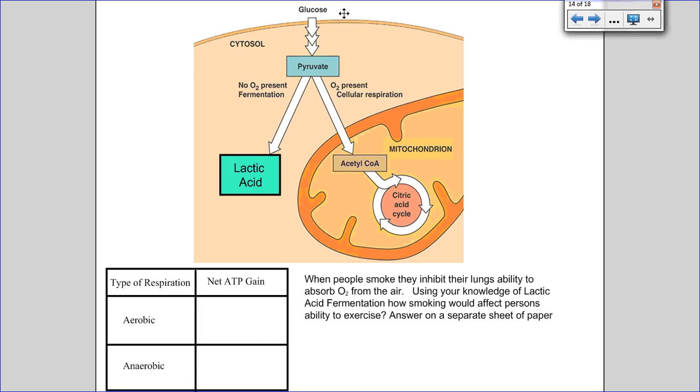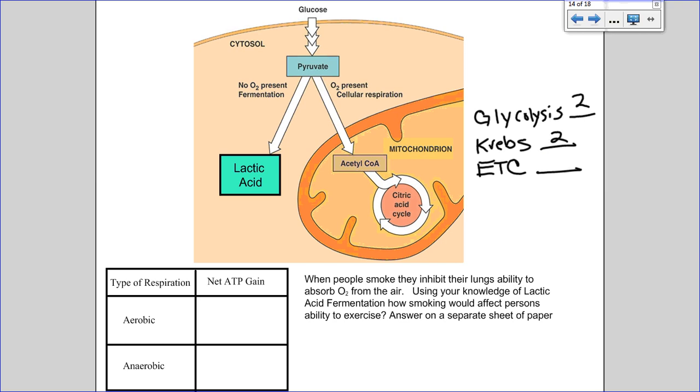But if we take a look to basically break down lactic acid fermentation versus regular cellular respiration, in regular cellular respiration, the ETC and the Krebs cycle, along with glycolysis, create a total of 2, 4, and 32, which equals 36.